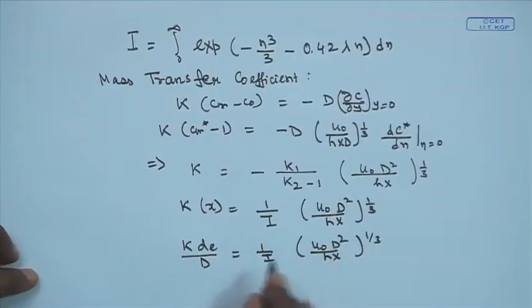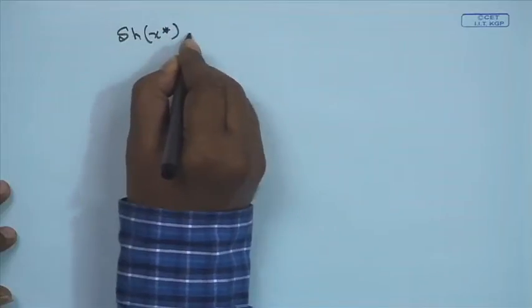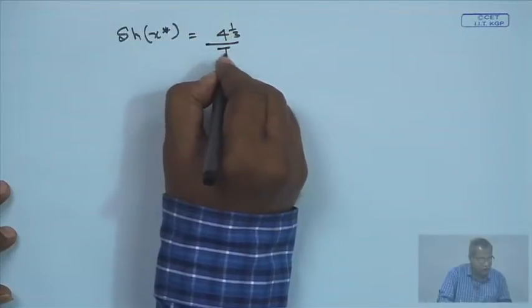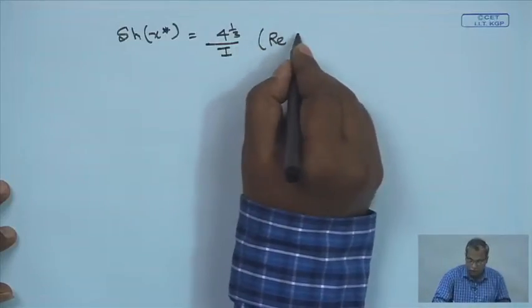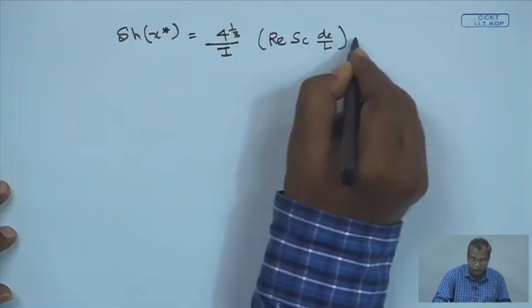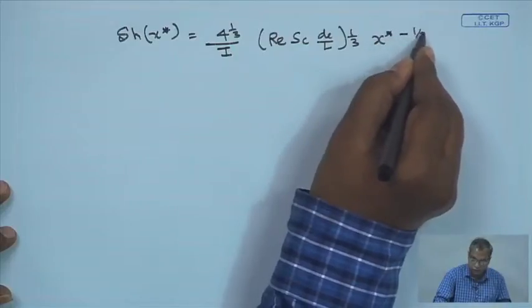If we now replace everything in the non-dimensional form, the Sherwood number as a function of x star is 4 to the power 1 upon 3, 1 over I, Reynolds Schmidt d by L to the power 1 upon 3, x star to the power minus 1 upon 3.